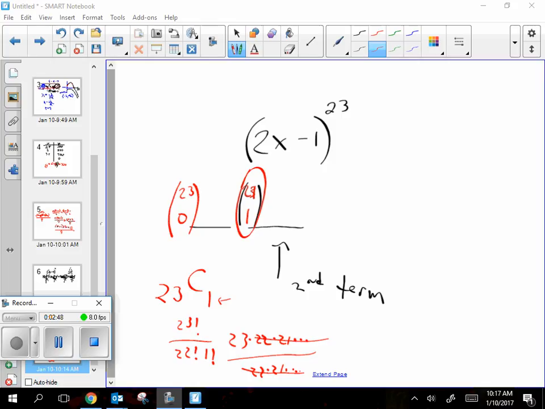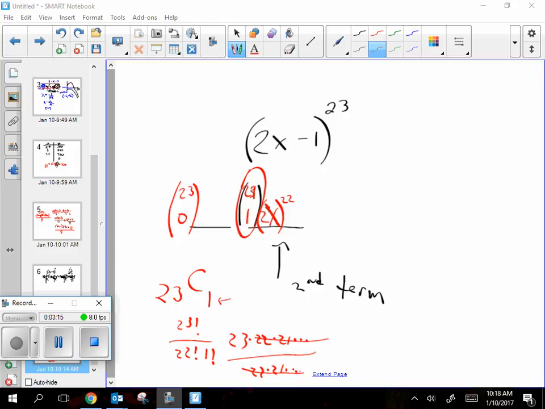Okay, good. Next, this one. It's going to be 2x to the, well, instead of 2x to the 23rd, that would have been first, this is 2x to the 22nd. The 2 to the 22nd is a really big number, so I wouldn't have expected you to be able to do that in your head. So you would write that out as 2 to the 22nd and x to the 22nd.